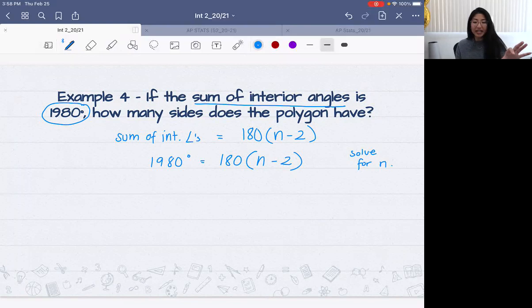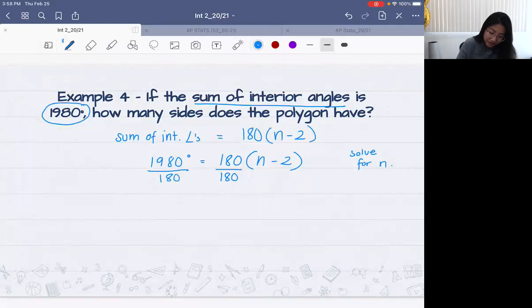Notice that 180 and n minus 2 are being multiplied together. There are two ways you can do this. You can take the 180 and distribute it into both of the values, or you can simply divide by 180 on both sides. So this cancels, and 1,980 divided by 180 gives me 11 equals n minus 2, and the parentheses can drop.